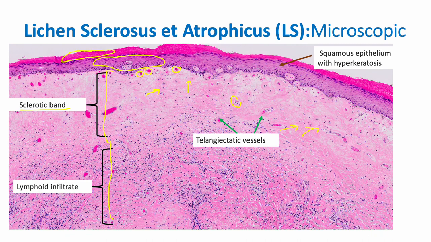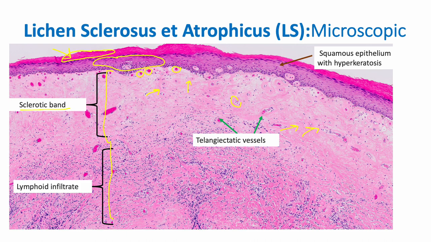Also, those histologic manifestations reflect the clinical presentation. In other words, white patches because of this hyperkeratosis, atrophicus because we have a thin atrophic squamous epithelium, and sclerotic because we have this sclerotic band.